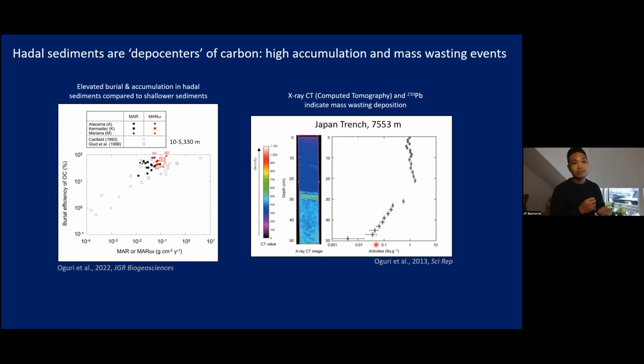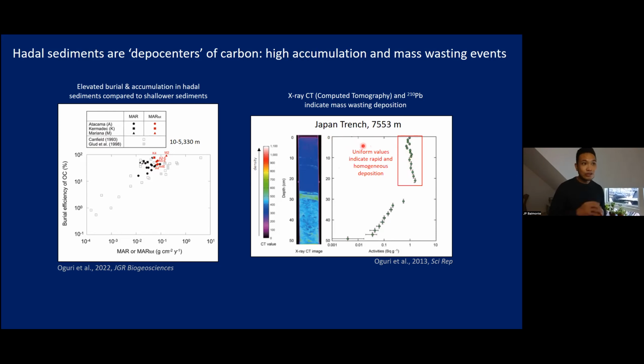Therefore, it's delivered to sediments by sedimentation of particles, such that when you've got high lead-210 concentrations, that indicates very recent deposition.